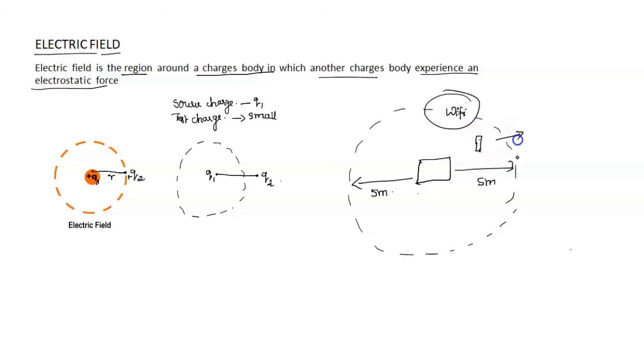If we go further, we cannot access the Wi-Fi signal, because the range is only 5 meters. The electric field is somewhat similar to our Wi-Fi network. So we can conclude that a Wi-Fi signal acts somewhat similar to the electric field concept. This is all about the electric field.